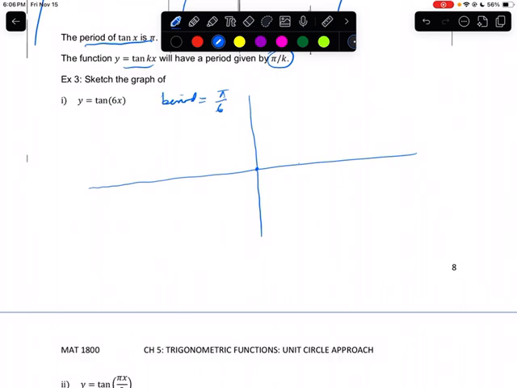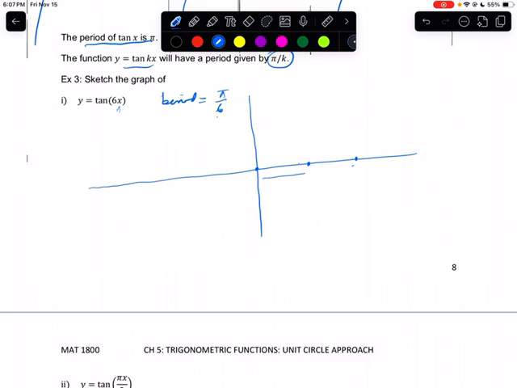When we have pi over 6, if I plug in pi over 6 here, I will get tangent of pi, and tangent of pi is again 0. So this cannot be pi over 6.